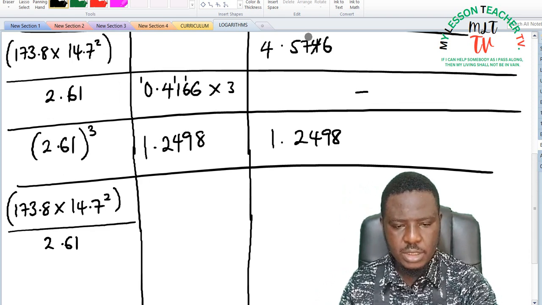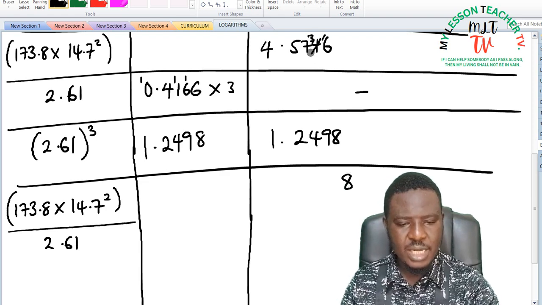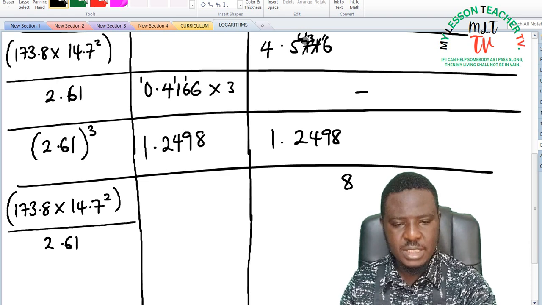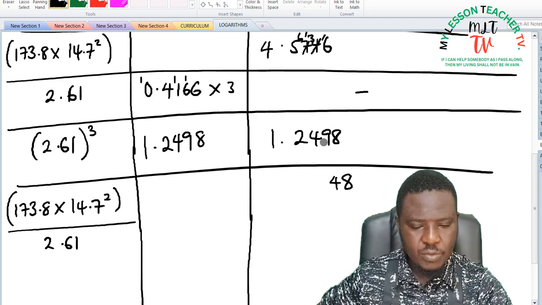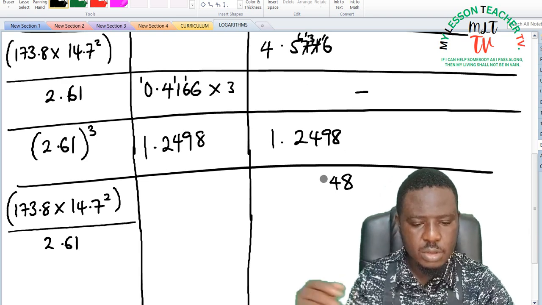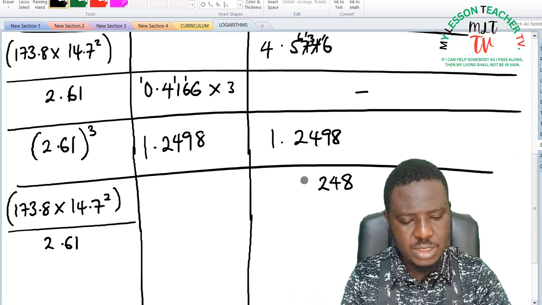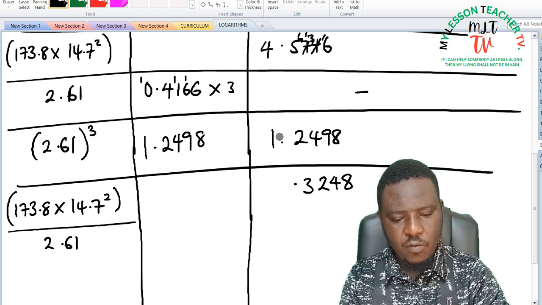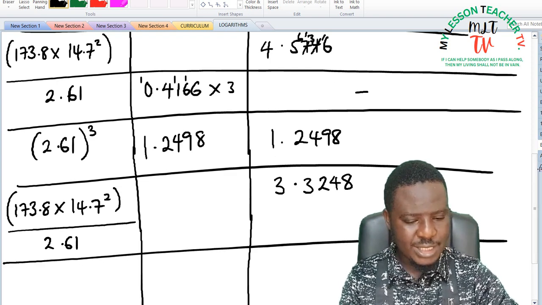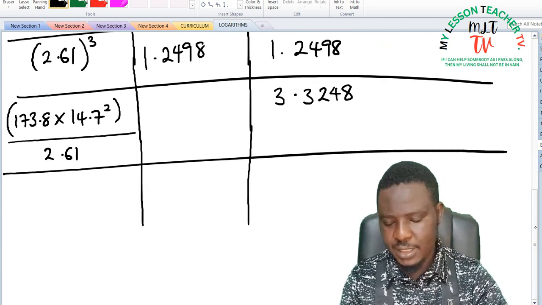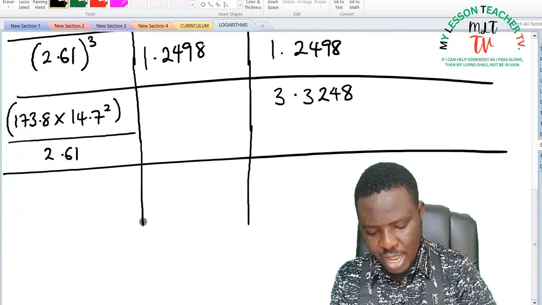It cannot, you borrow 1, this is 3, this is 16, 16 minus 8 is 8, 3 minus 9 it cannot, you borrow 1 from 7, this is 6, 13 minus 9 is 4, 6 minus 4 is 2, and 5 minus 2 is 3 point, 4 minus 1 is 3. So this is equivalent to 3.3248, and the question says we should then look for the square root of what we have.